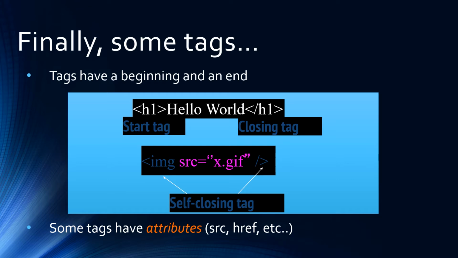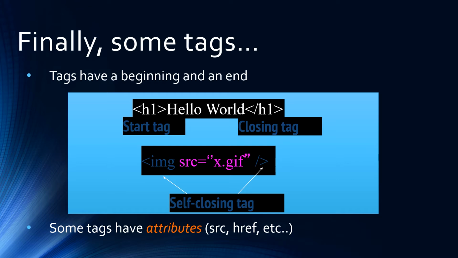Our next tag, the image tag, is what's called a self-closing tag. There's only one tag and it contains both the beginning and the end. In this case, as soon as the browser sees the image tag, it knows that you're going to give it information that it can use to create a picture.